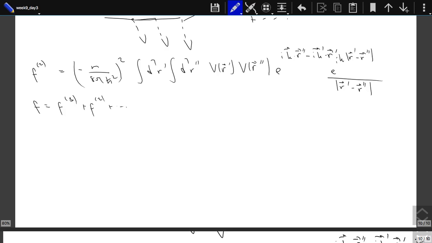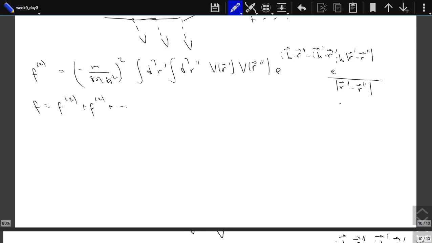Questions? What if we measure at the points where it interacts? The probability will be infinite. You see, in this integral, you do have terms coming from when r double prime is equal to r prime. The contribution is finite.